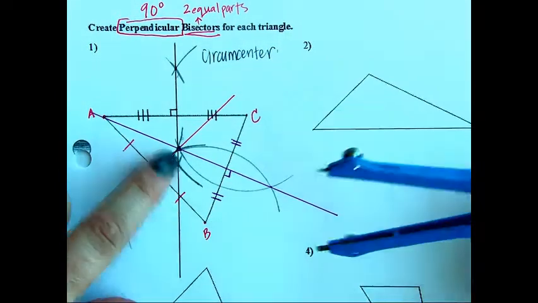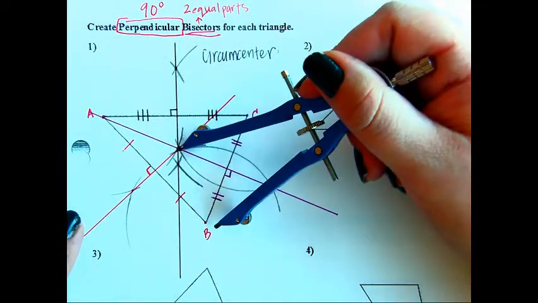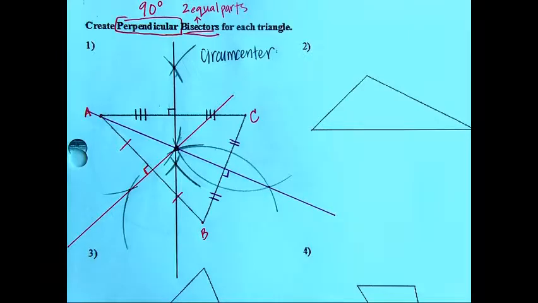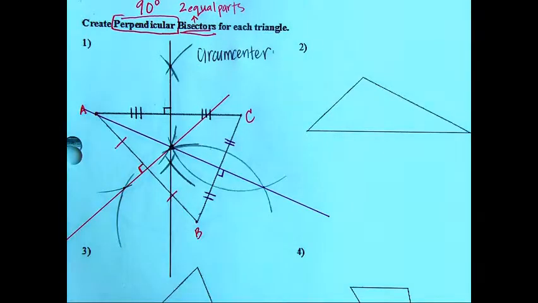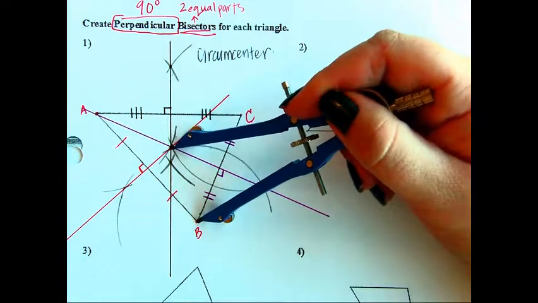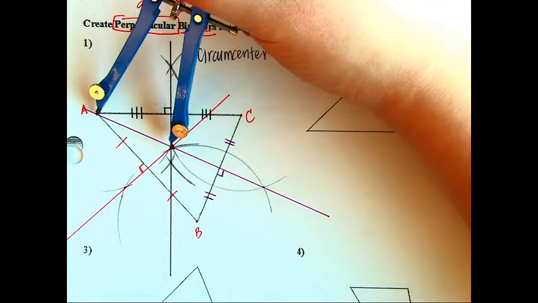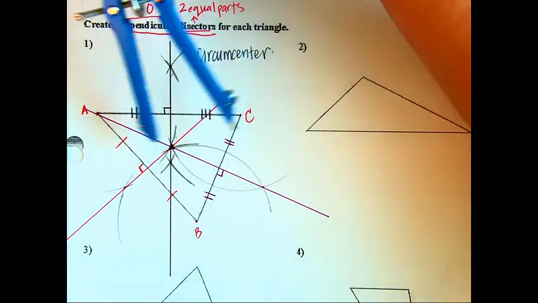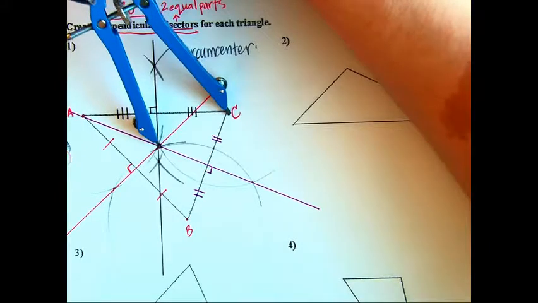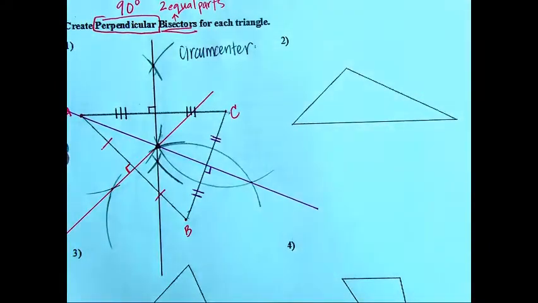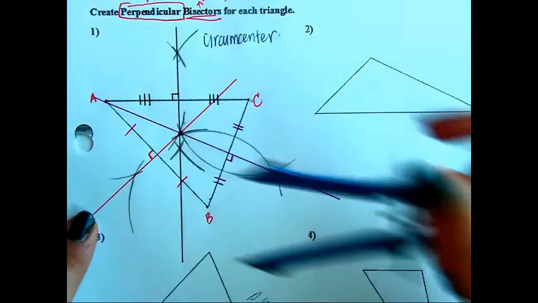So using that center, that point that we found, I'm going to adjust my compass until it reaches one of the vertices of my triangle. So let's go to B here. It doesn't matter if you go from A to the center, B to the center, or C to the center, because all of those measurements should be exactly the same. That's what the circumcenter is doing.